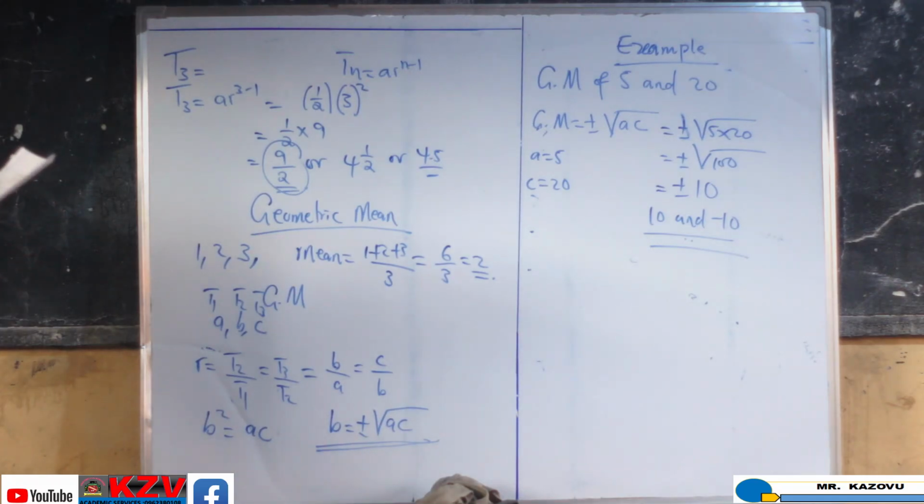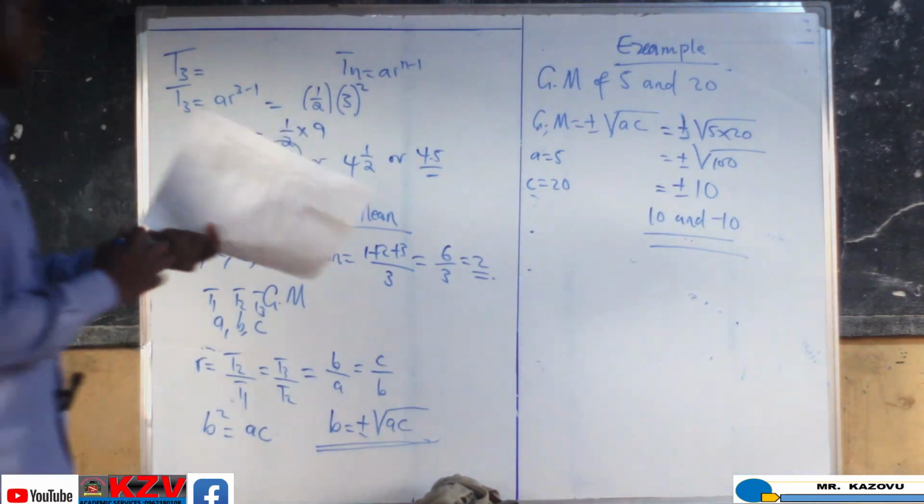What is 16 times 36? What do you get? 4 times 6, the square root is 24. So plus or minus 24. That's the answer for the last one there, 16 and 36.